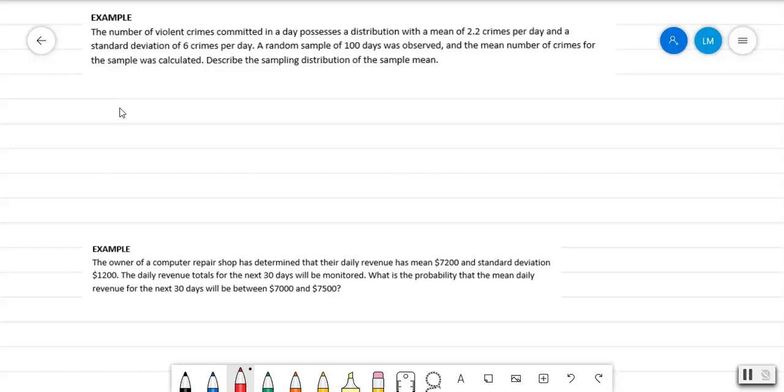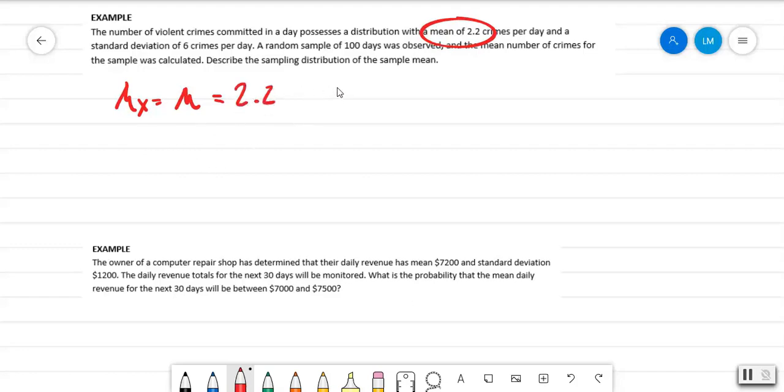So what we'll do is write that the mean is equal to mu, but we're told that that's going to be 2.2 crimes. So we have that the mean is 2.2.